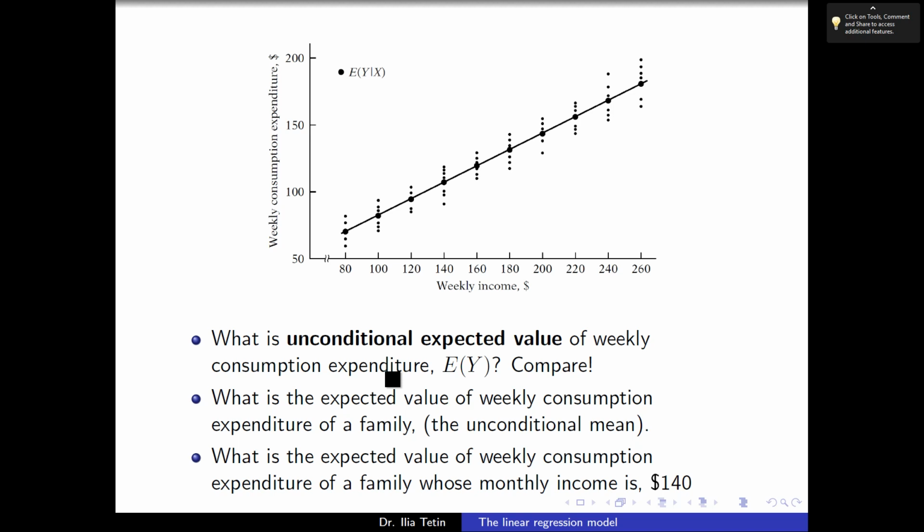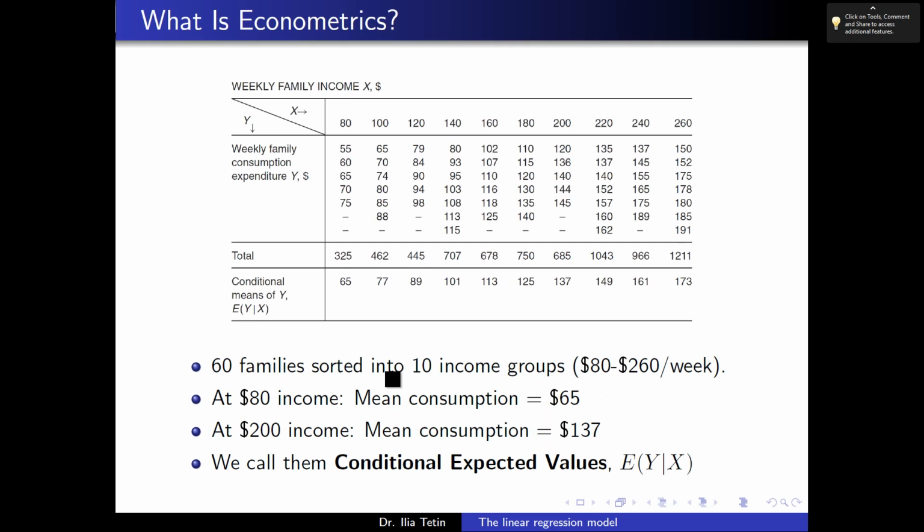All right? The same kind of thing we can do in the table. We can just find the totals. We can see this group of totals. If we sum those totals all together and divide by 60, the number of observations, here will be the expected value of Y. And I believe it will be around 120 something. Why?